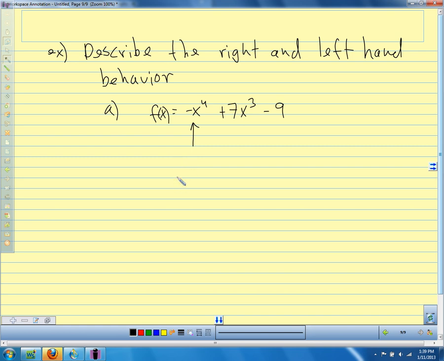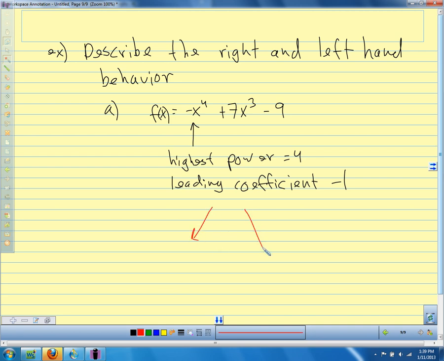So our n equals 4. Leading coefficient is -1. So our end behavior is going to be down and down.